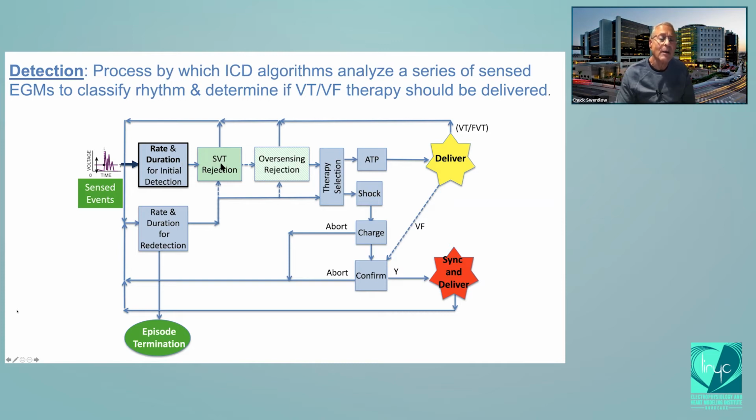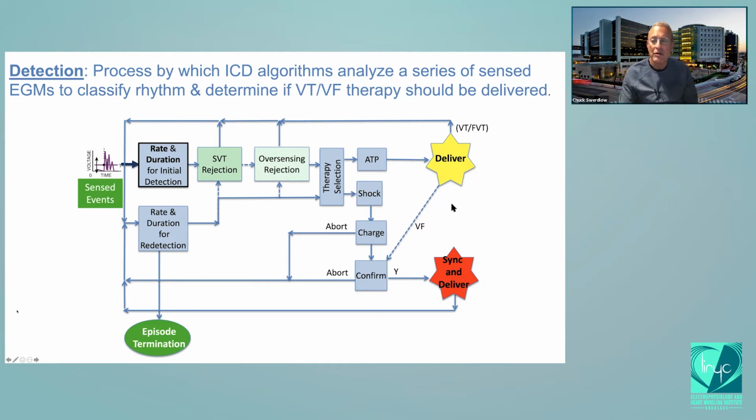There is then the option to analyze the rhythm and determine is it VT or SVT. It's what you do as doctors when you analyze a tachycardia. And some defibrillators also apply extra rules to say, are some of these signals not really cardiac signals? And at that point, the type of therapy to deliver is selected.